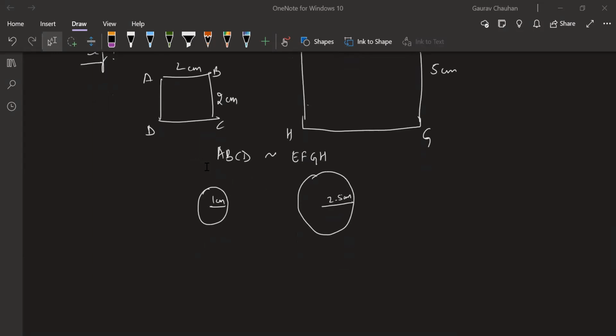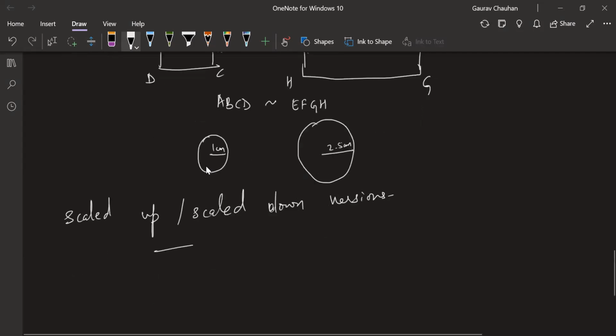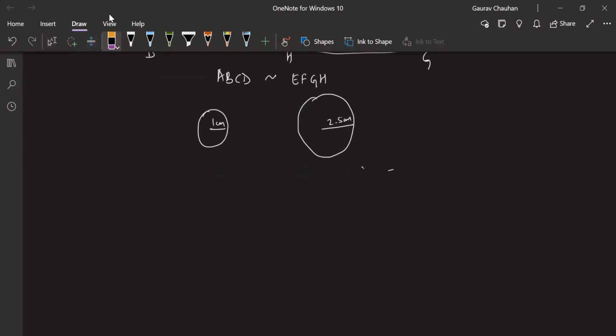So what I mean here is that these two similar figures are like scaled up or scaled down versions of one another. For example, the toy car which we just spoke about was a scaled down version of your real car. Looks exactly the same, but it's scaled down. It's made smaller, but without changing anything else.